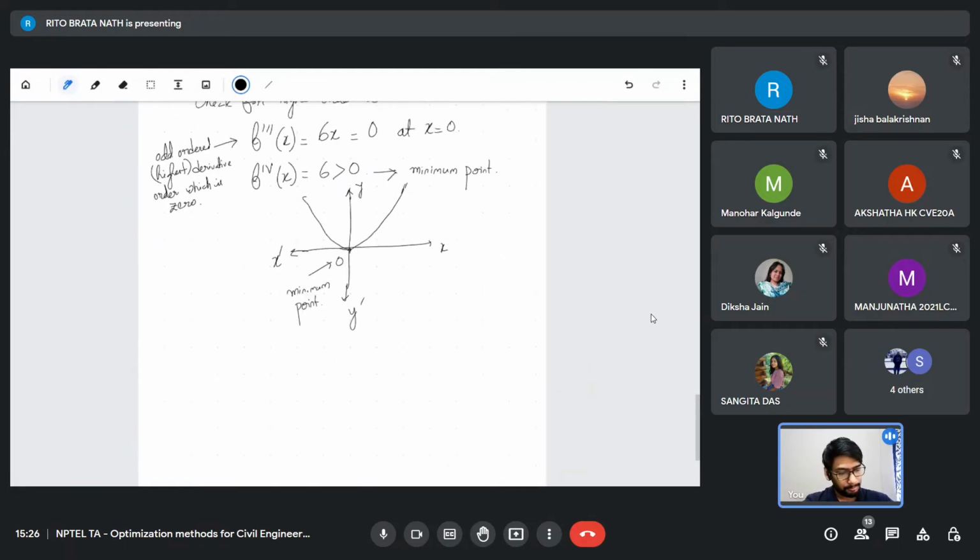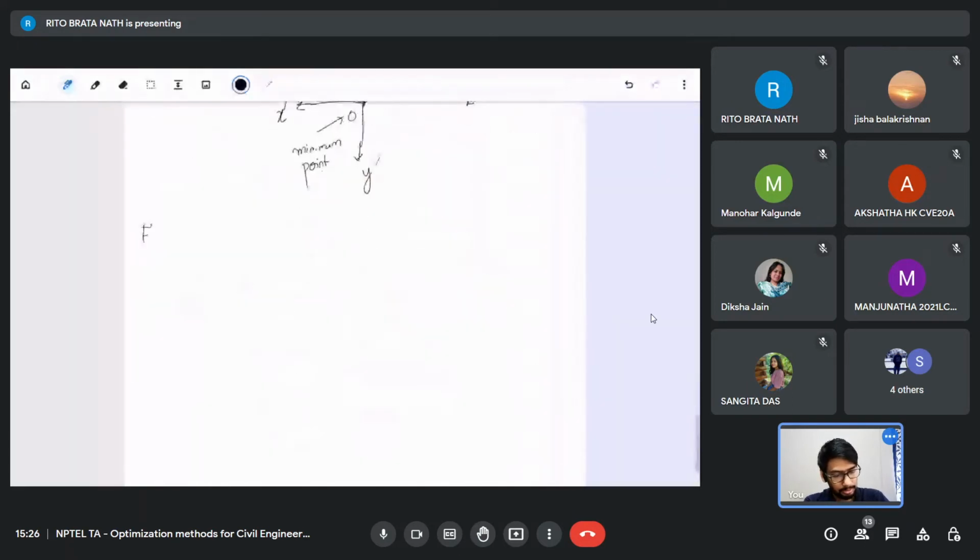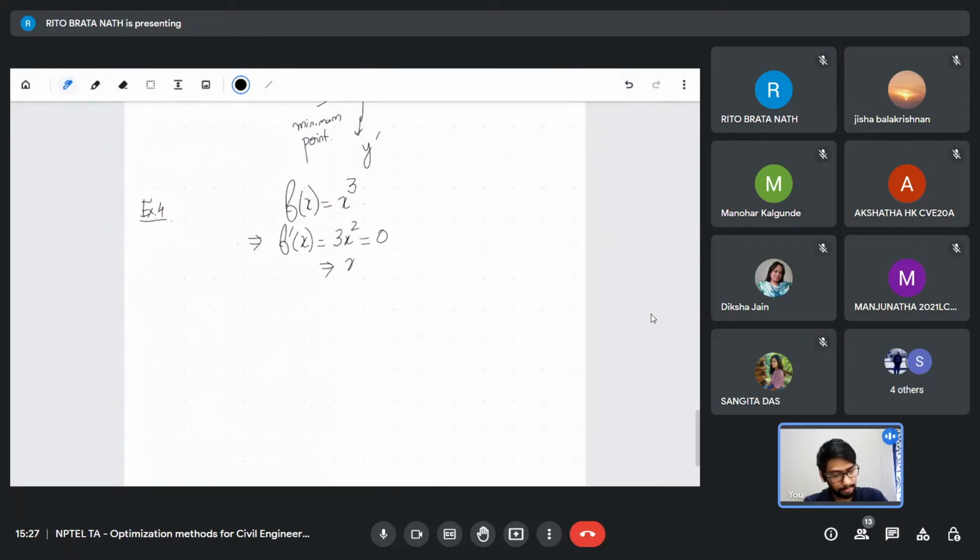So now let me give another example related to this. Now probably you have already figured it out. If I take f(x) as x cube, then f prime x is 3x squared, and that gives you x equals 0.